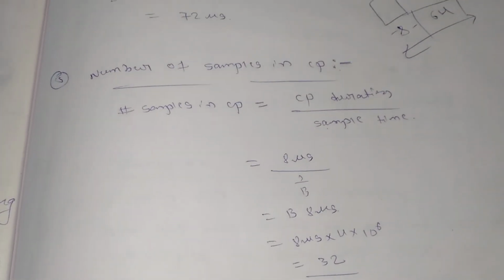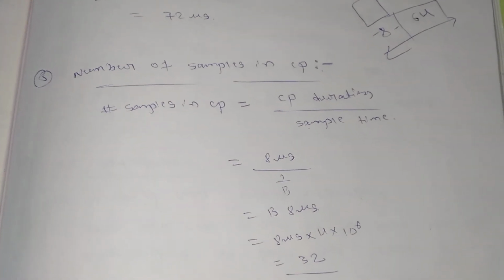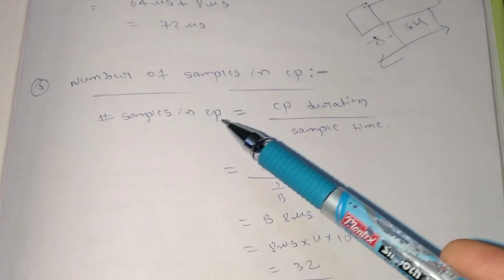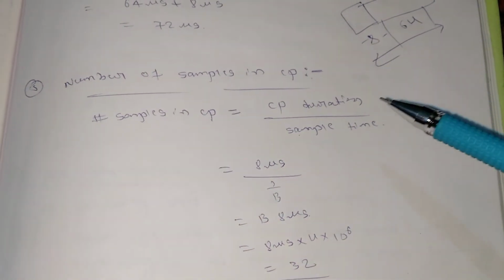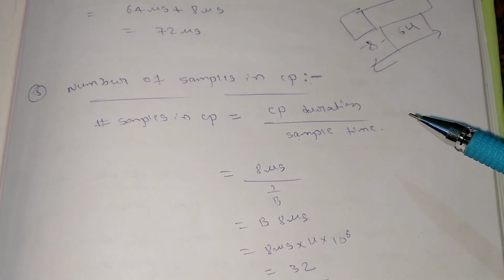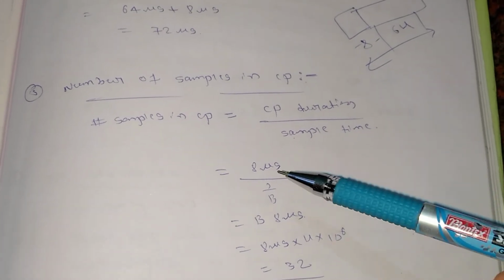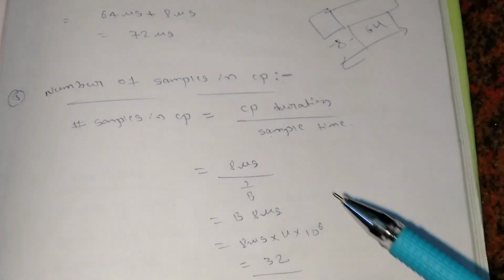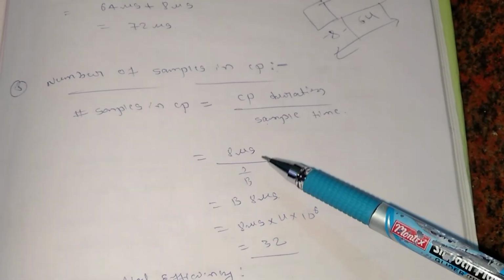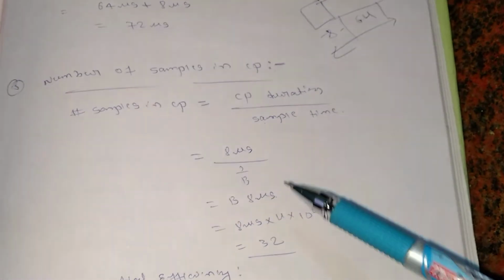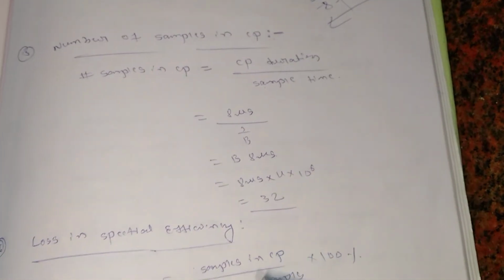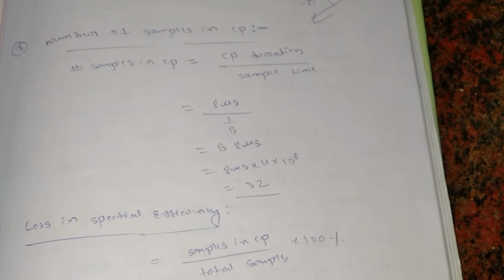Okay, so now number of samples in the cyclic prefix. So that is the fourth bit actually. So number of samples in cyclic prefix will be equal to cyclic prefix duration divided by sample time. So cyclic prefix duration is 8 microsecond, just now I found here, and sample time is given by 1 by B, where B stands for total bandwidth, and it will go to the numerator here, B into 8 microsecond, and B value here is 4 megahertz.